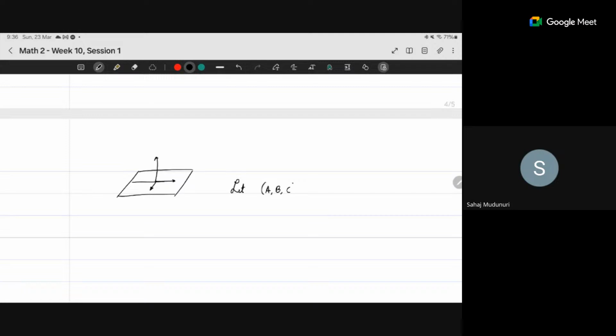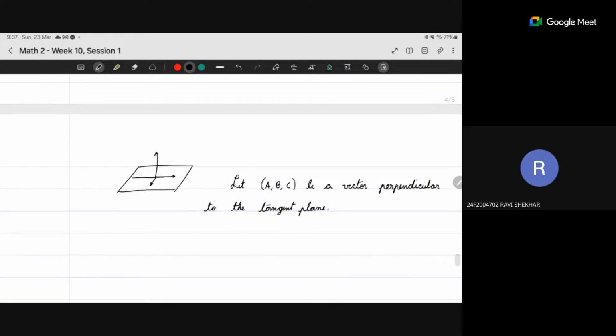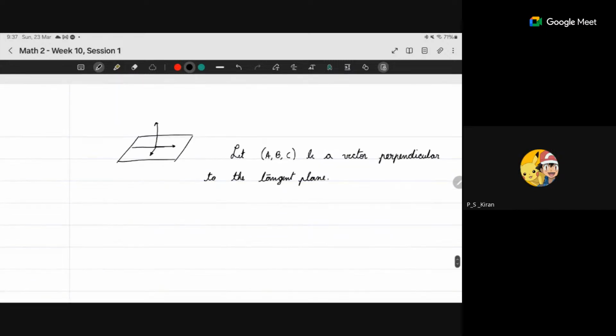Let ABC be a vector perpendicular to the tangent plane. Now, what is the tangent plane by definition? The tangent plane is the collection of all tangent lines at a point.